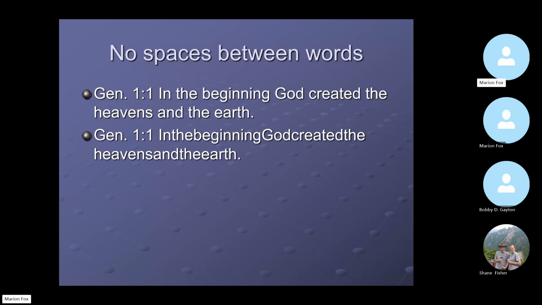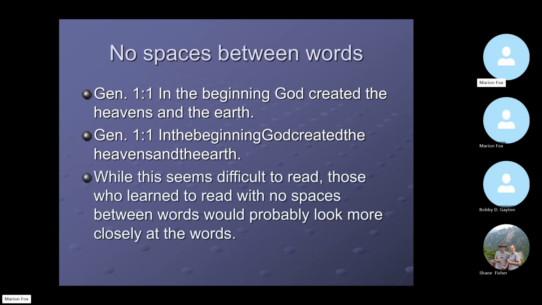And of course, if you write like this, you could easily get some words, and you could have "in the beginning, and God created," and sometimes "the heaven sand."